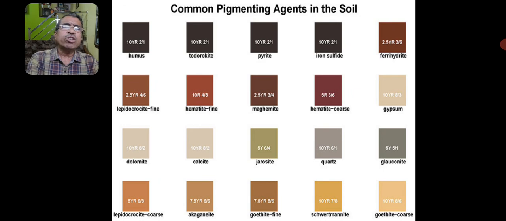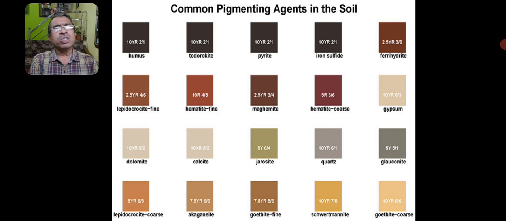This is a slide that shows the color of the soil. If the soil is blackish in color, it generally contains more humus, that is the organic matter. The decomposed organic matter is called humus. It may also contain pyrite ores and iron sulfide ores.